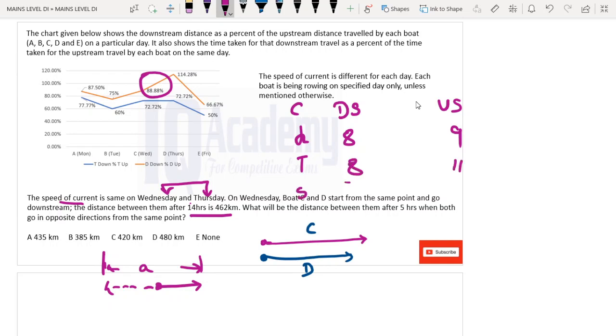So the speed ratio will be 11:8, or we can say the downstream speed is 11x and upstream speed is 8x.